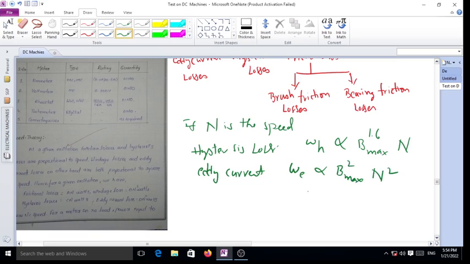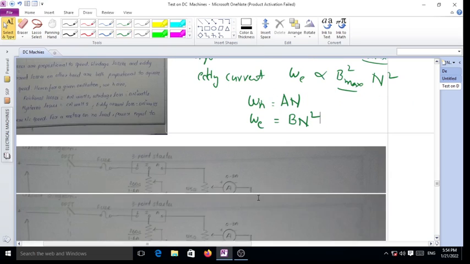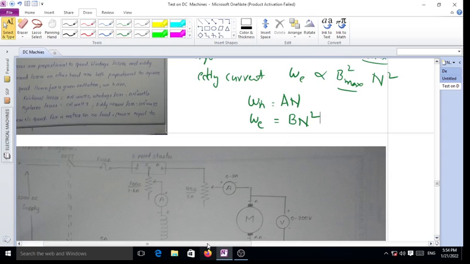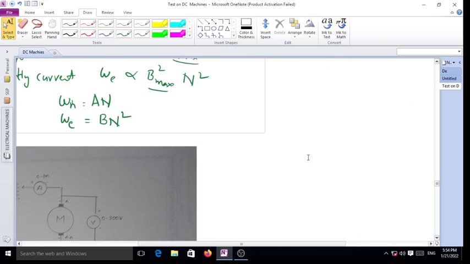From these two equations, taking Bmax as a constant, the hysteresis loss WH is equal to A n, and the eddy current loss is equal to B n squared.